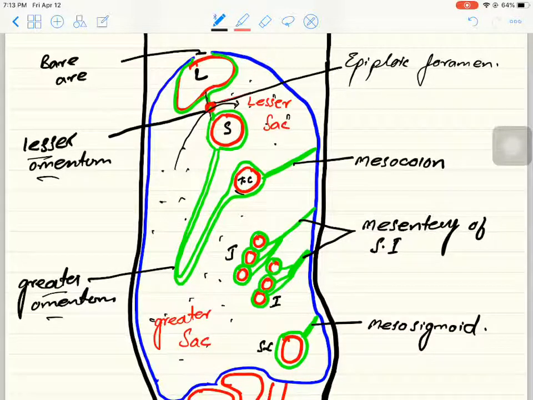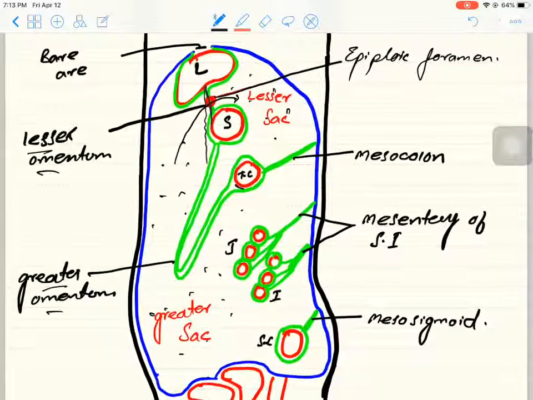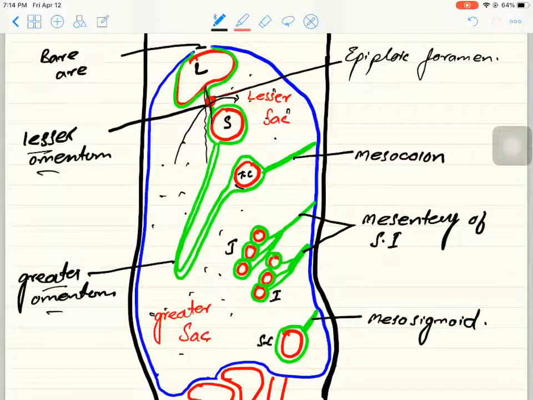From the liver to the stomach we have the hepatogastric ligament. From the liver to the duodenum we have the hepatoduodenal ligament. From the stomach to the duodenum, the gastroduodenal ligament, and different sorts of ligaments are present here. So this is all about the mesentery and omentum and the parietal and visceral peritoneum.